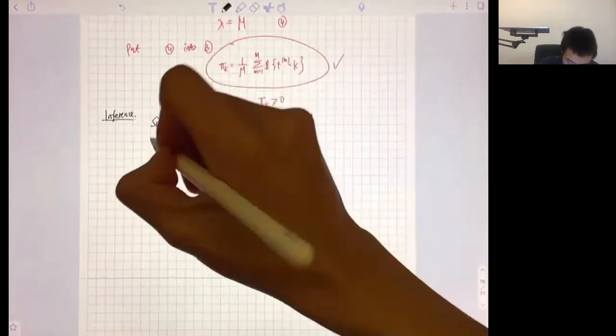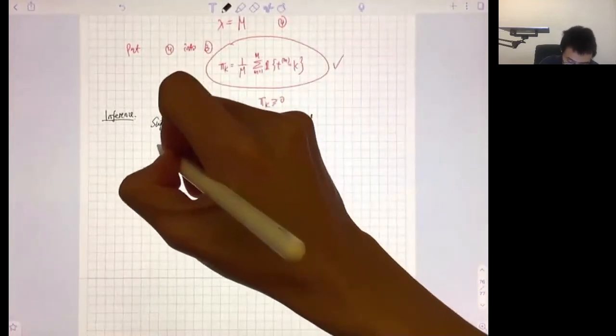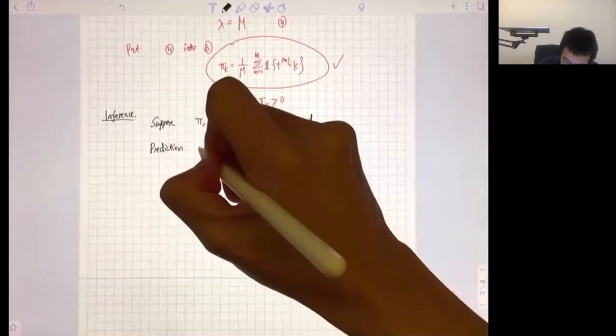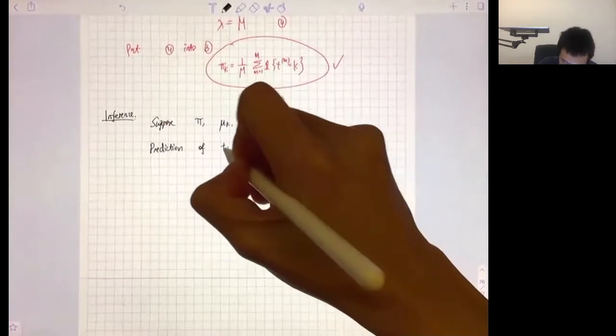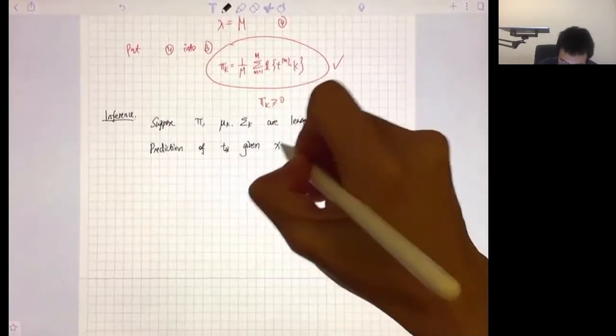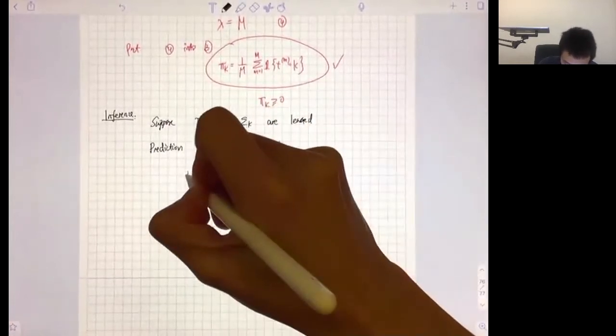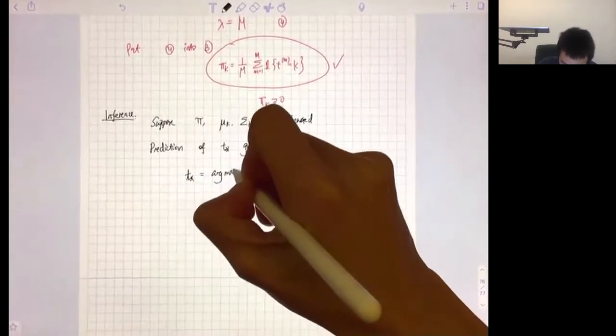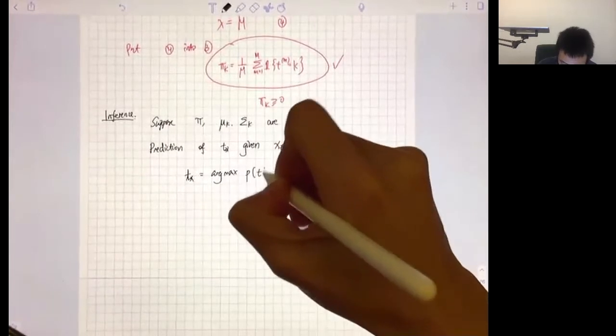Then how do you make a prediction? The prediction of t, given a new data sample x, would be t star, the argmax over different values of t given x.